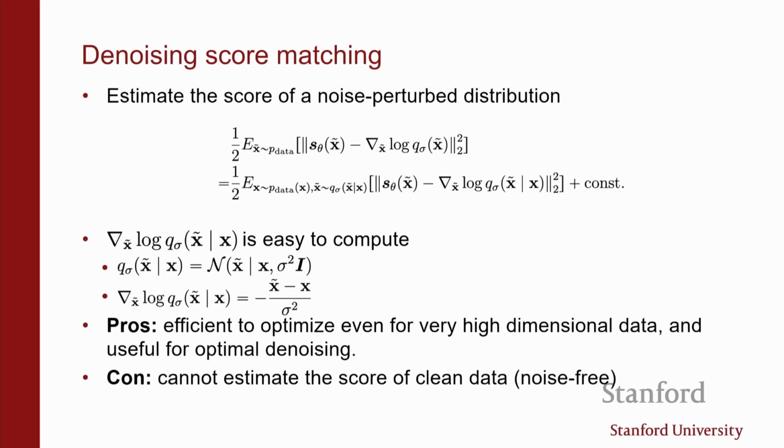Basically you end up with an objective that no longer involves traces of the Jacobians. It's kind of like an L2 loss between S theta compared to this x tilde minus x over sigma squared, which is basically a denoising objective, as we'll see in the next couple of slides. So the key takeaway here is you don't have to estimate the trace of the Jacobian anymore if you're willing to estimate the score, not of the clean data, but of this Q sigma, which is data plus noise.